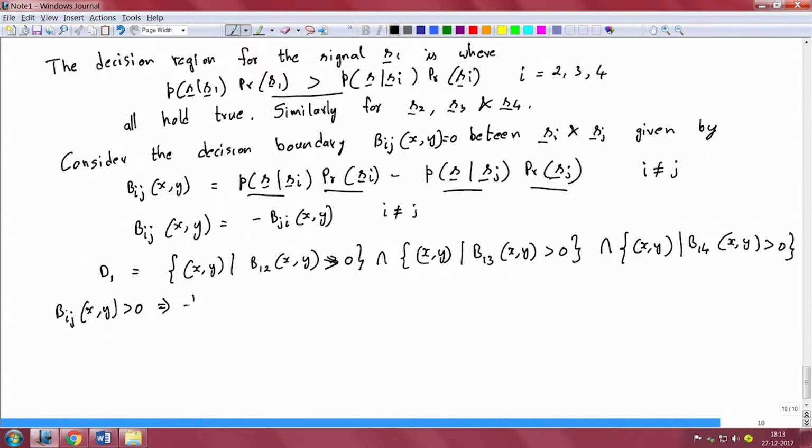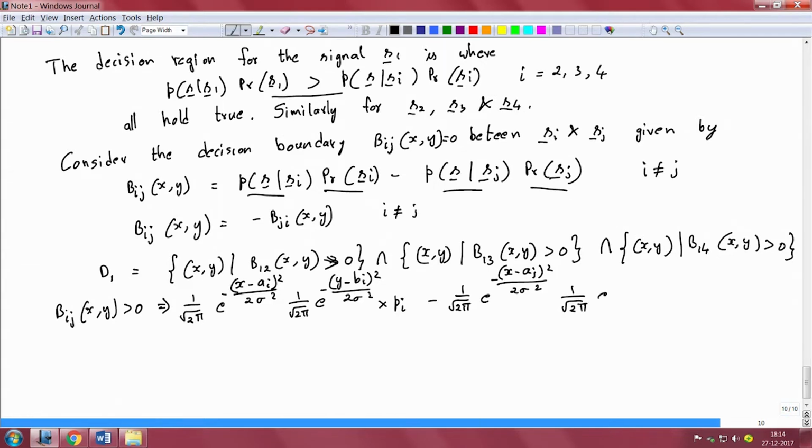So, we have 1 by root 2 pi e power minus (x minus a_i) whole square by 2 sigma square times 1 by root 2 pi e power minus (y minus b_i) whole square by 2 sigma square times probability of S_i is p_i, minus the similar terms for S_j: e power minus (x minus a_j) whole square by 2 sigma square times 1 by root 2 pi e power minus (y minus b_j) whole square by 2 sigma square times p_j is greater than 0.